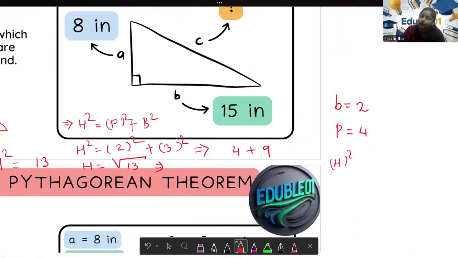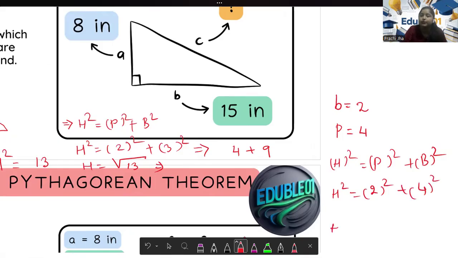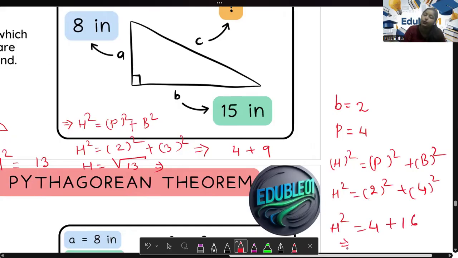So we know h square is equal to p square plus b square. H square is equal to 2 square plus 4 square, right? Now, 2 square is 4 and 4 square is 16. So 16 plus 4 is 20. So h square is 20.